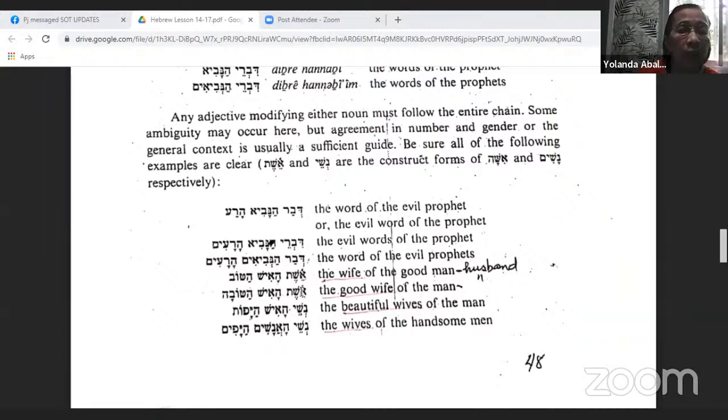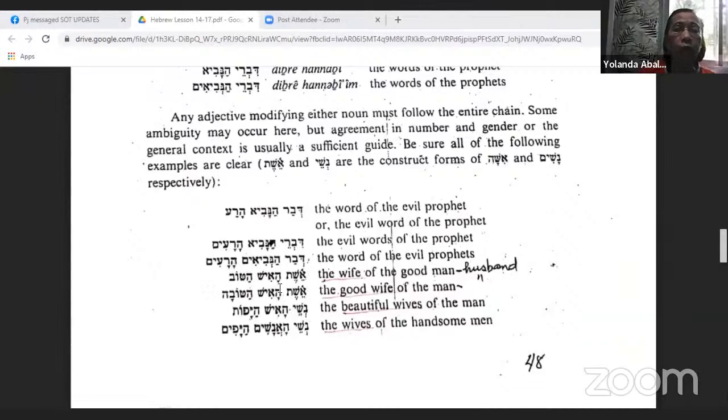Then we have Ishet. Okay, ano yung natandaan nyo sa Isha? A woman. Pagka ito ay constructed siya, it has become Ishet. The woman, the wife of. HaIsh, the man. HaTov, the good husband.